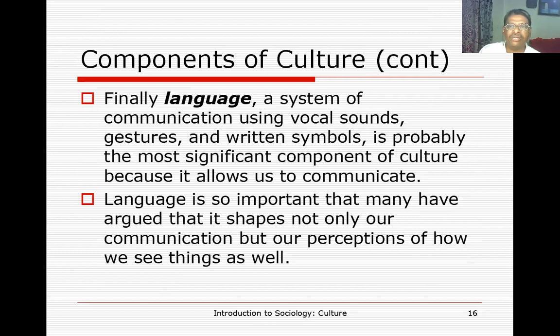of the theological concepts. So language is so important that many have argued that it shapes not only our communication, but our perceptions of how we see things as well. So language is very, very essential.